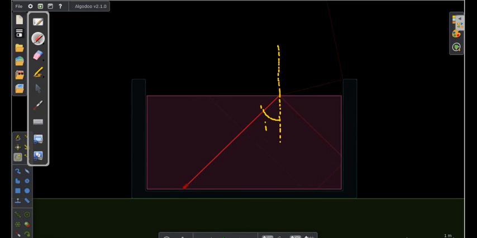This is the angle of incidence of the incident ray for which the angle of refraction is 90 degree. We call this the critical angle.